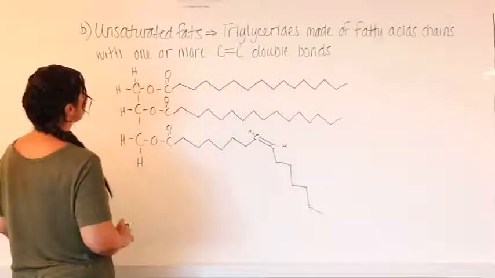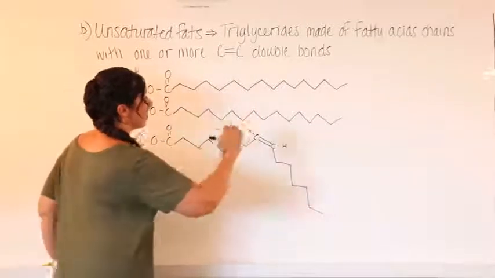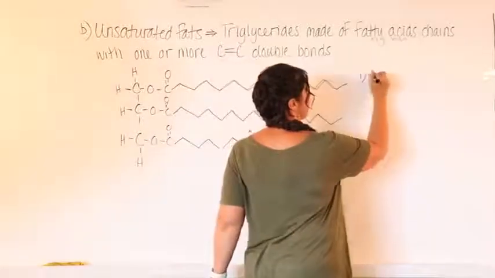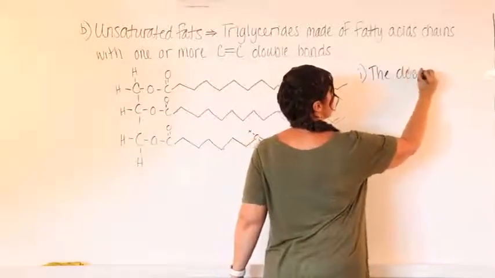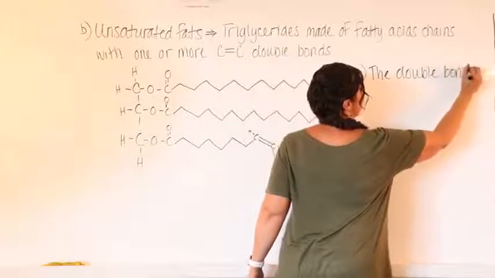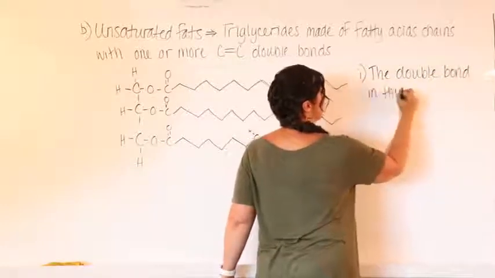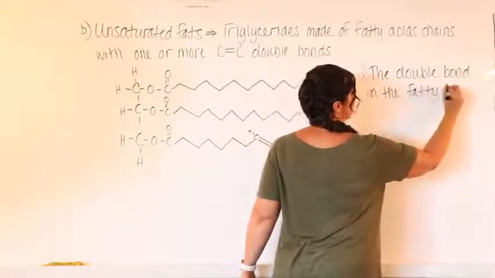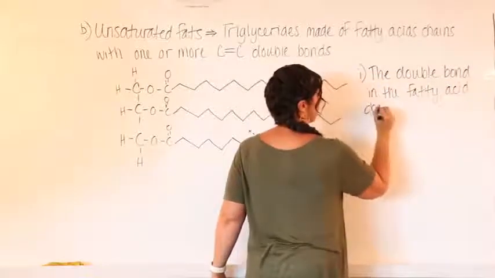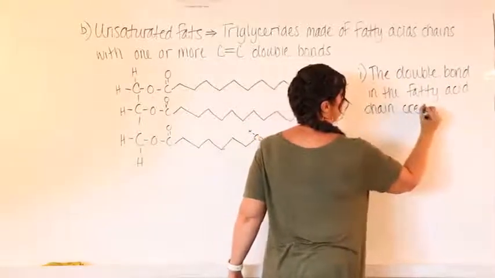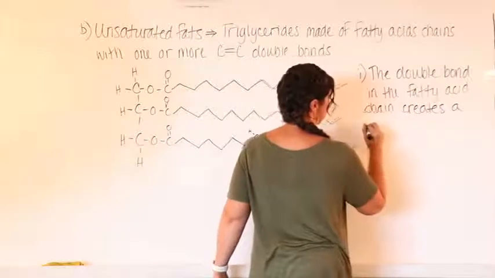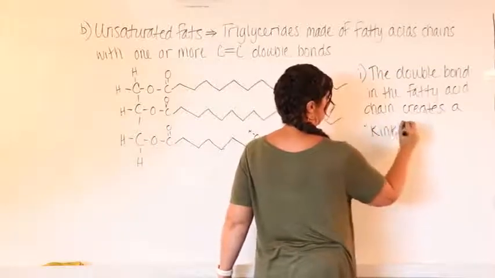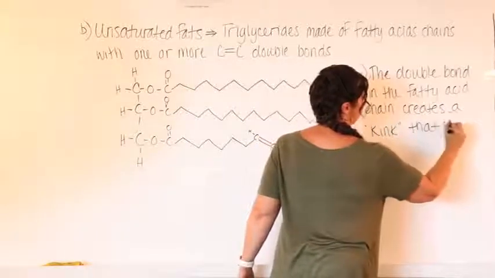So what you need to know for unsaturated fats, I'll put it over here, is the double bond in the fatty acid chain creates what we're going to call a kink that prevents stacking.